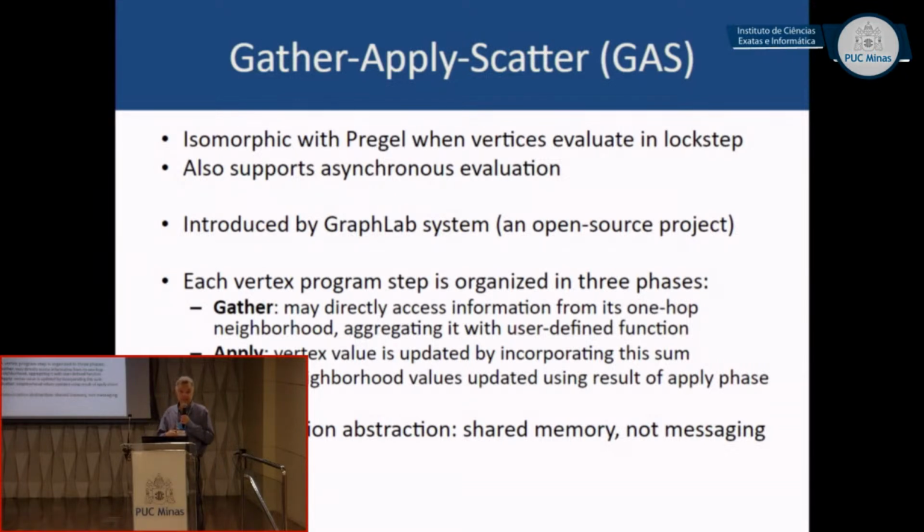Then, in the next phase, the apply phase, from this information and from the information stored at the vertex, a new result is computed and stored at the vertex. And then, in the scatter phase, the neighbors will receive this result and they can update their own values. Here, the difference in thinking is that the communication abstraction, rather than relying on messaging between nodes, is shared memory. A node can just read and write the attributes of its neighbors.